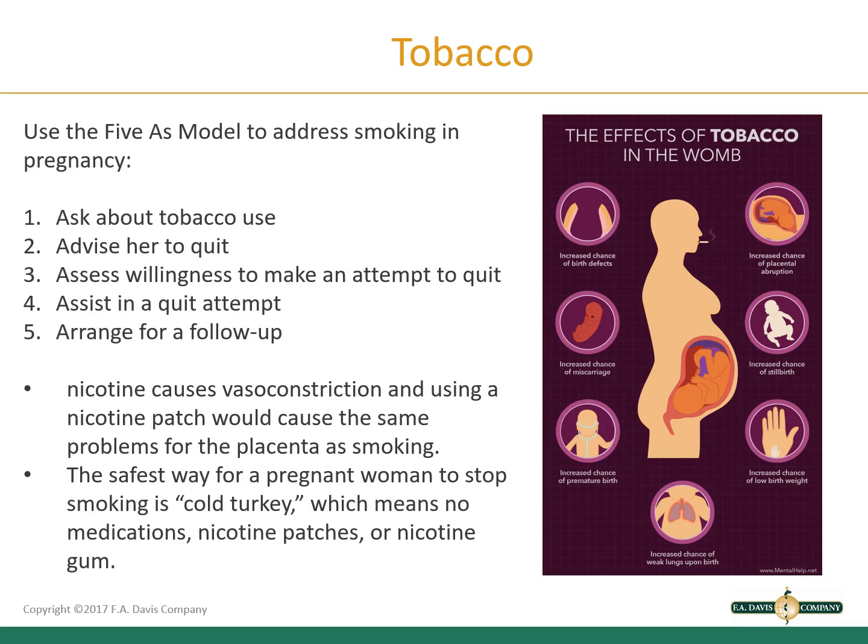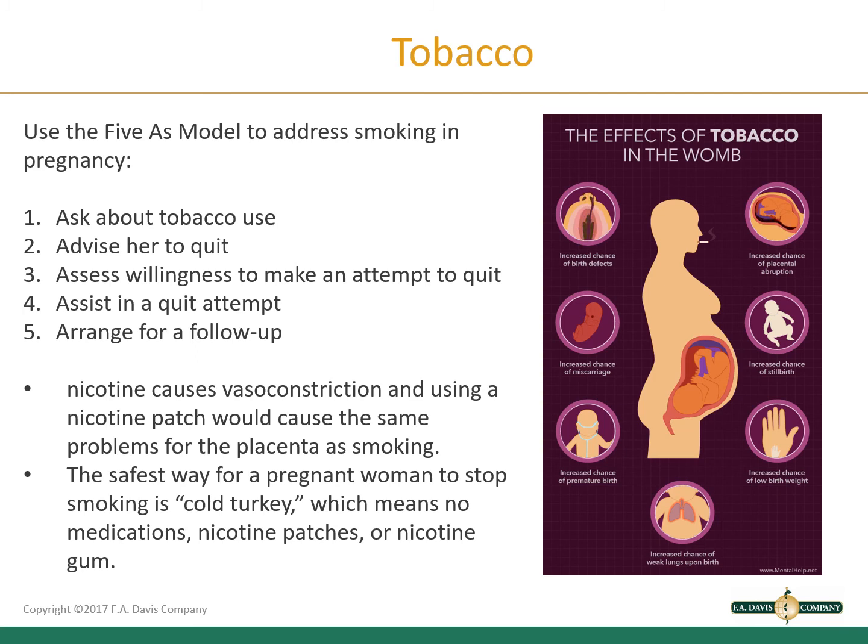It's advised that you use the 5 As model to address smoking in pregnancy. So ask her about tobacco use, advise her to quit, assess the willingness to quit, assist in the quit attempt, and arrange for a follow-up.